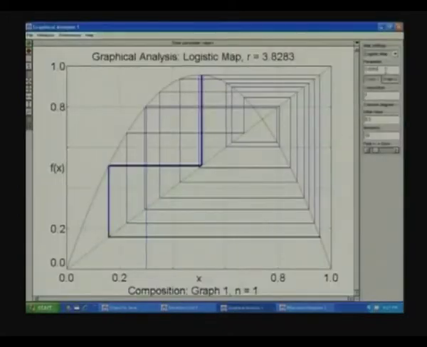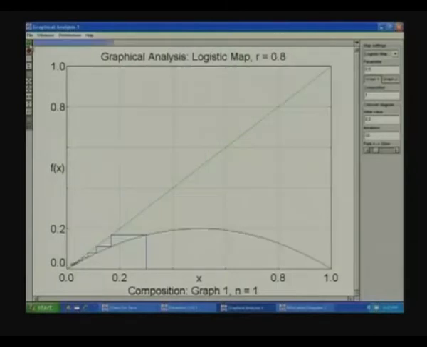So, let me start with 0.8. See, this is the graph of the map, and this is the fixed point. Since the slope here is less than 1, starting from any initial condition it goes to it, and you can see how it goes. Fine, let us change it to 1.5.